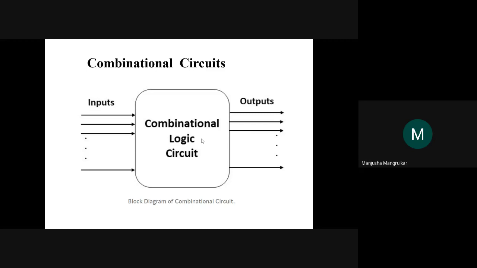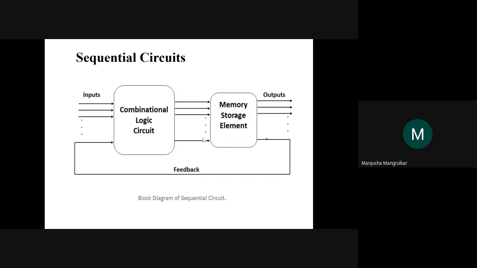That's a combinational circuit. Now the sequential circuit requires a memory storage element. Your input depends upon the previous output, and your logic is taking your previous output as an input. So to store the previous output, it needs a memory storage element. That's the difference between the combinational and sequential circuit.